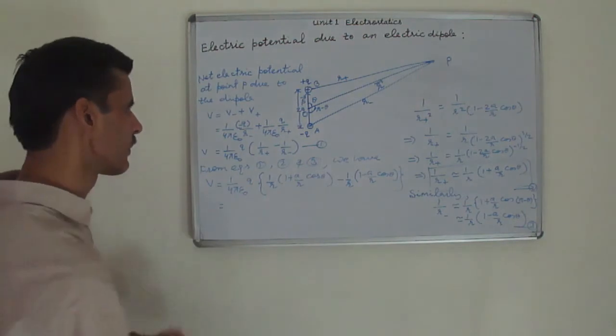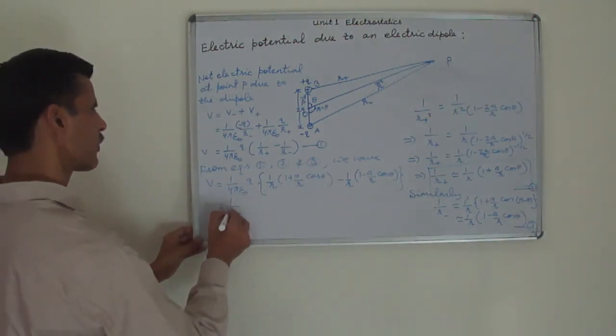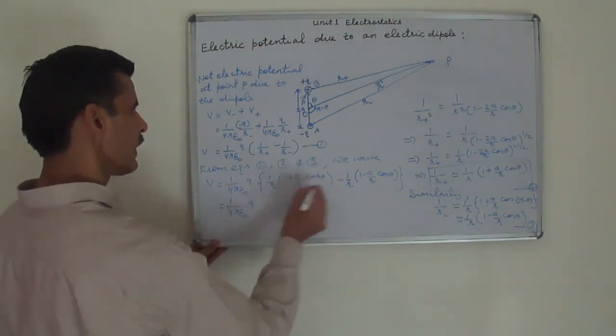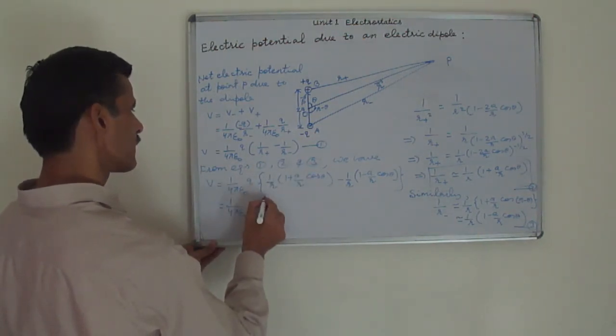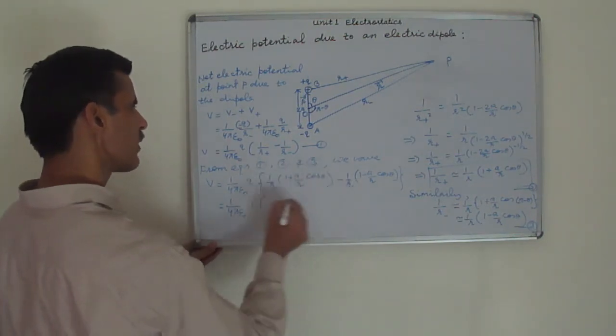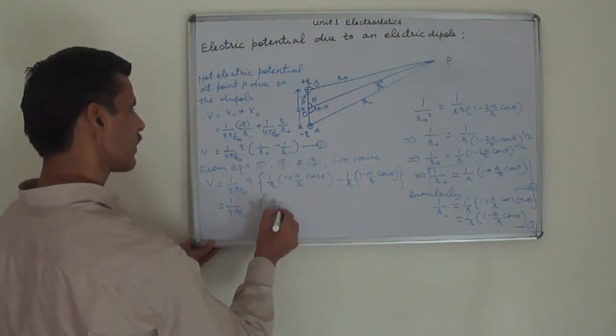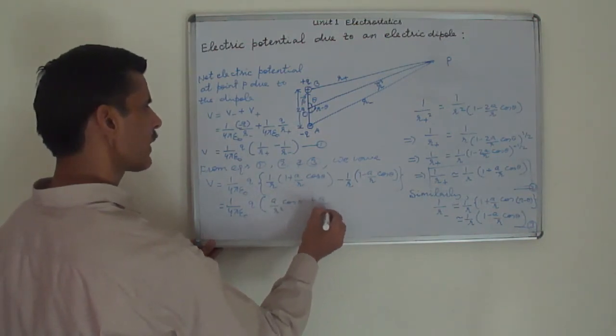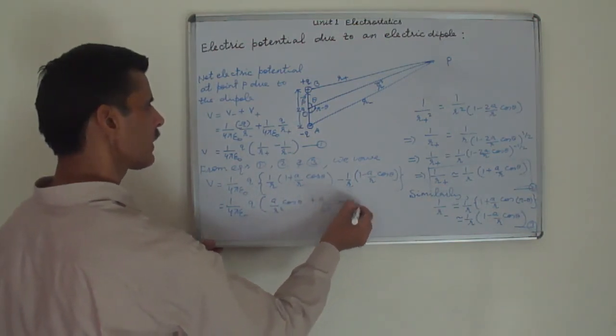You can simplify, so 1 upon r minus 1 upon r cancels out, a upon r square cos theta plus a upon r square cos theta.